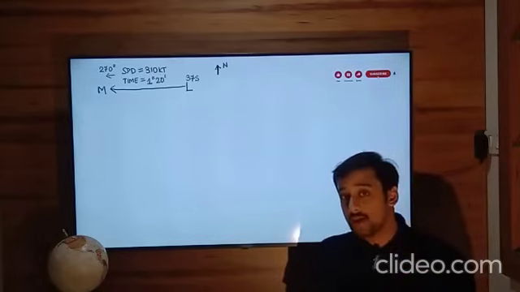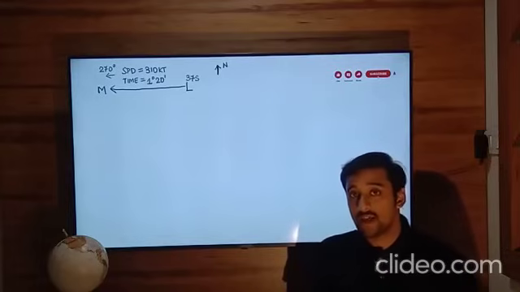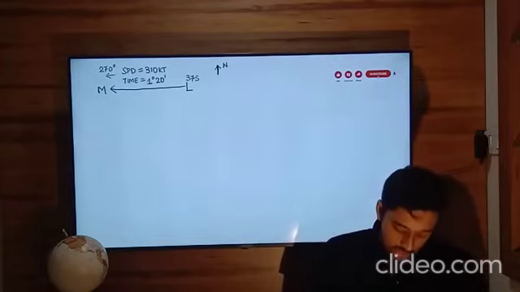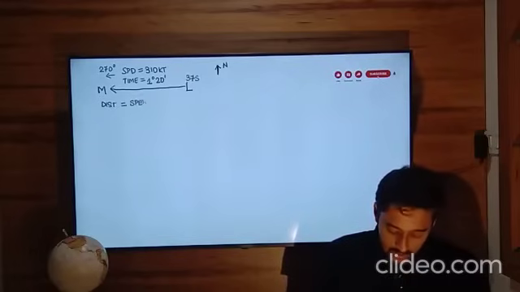Now when we have speed and when we have time, we will calculate distance. So distance is equal to speed into time, 310 into 1 hour 20 minutes.